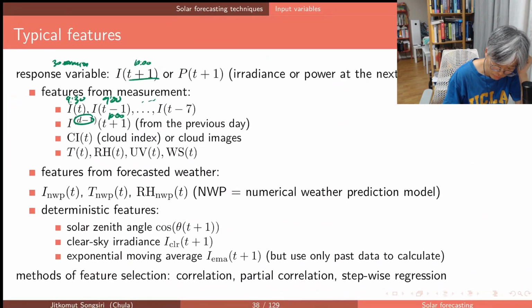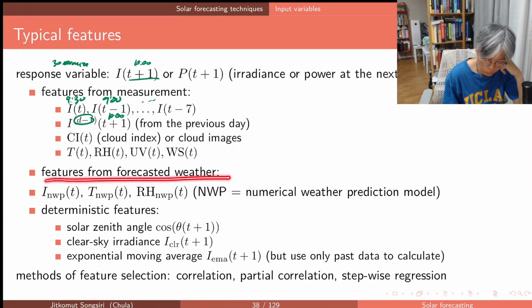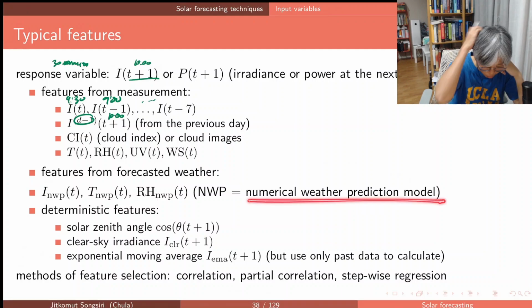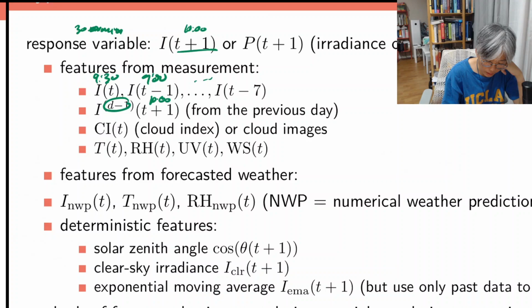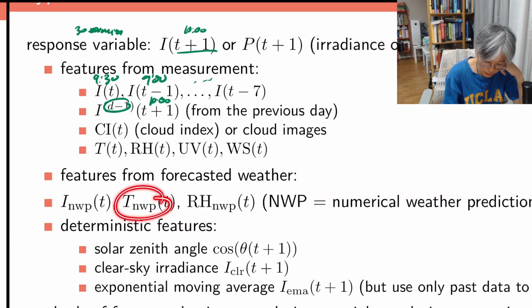Suppose you have sensors that measure these weather variables. You also have the features from the forecasted weather. So I use I subscript NWP to refer to the numerical weather prediction model. These are not the same. This is from the sensor. This is from the weather forecast.